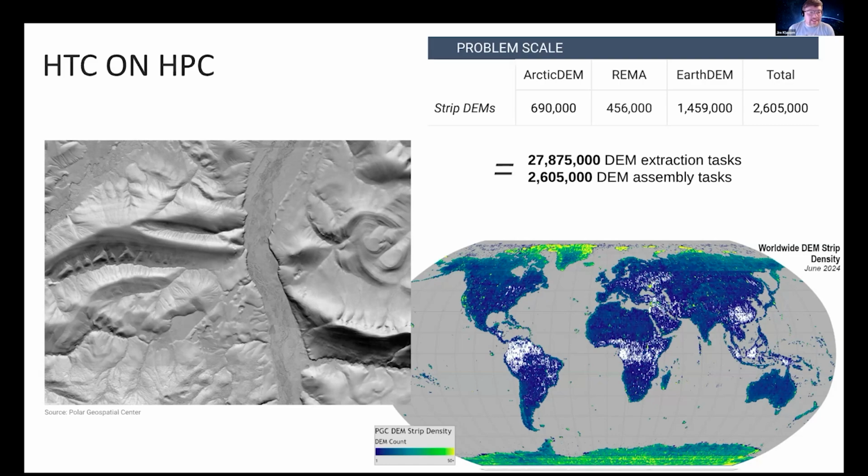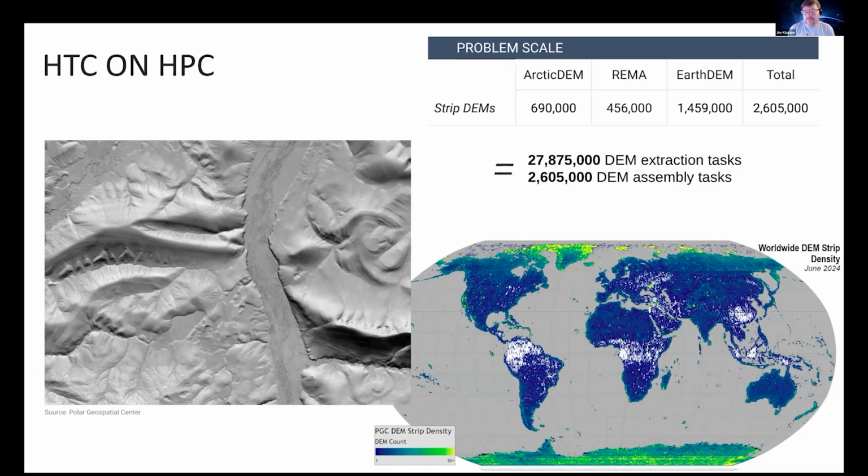The imagery we get from the satellites is broken up into smaller scenes of an entire strip. A strip is like, I don't know, 50 kilometers by 200 kilometers or something like that. And each one of those scenes pairwise needs to get compared with the other scenes that it overlaps, and then SETSUM run on it, and then all those get put together back into the strips with an assembly task.